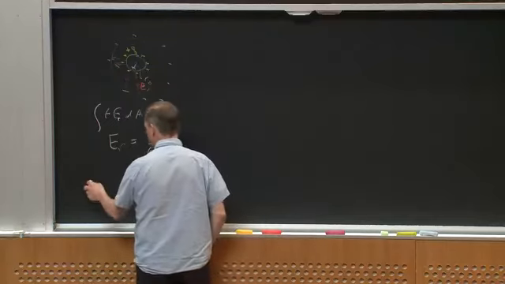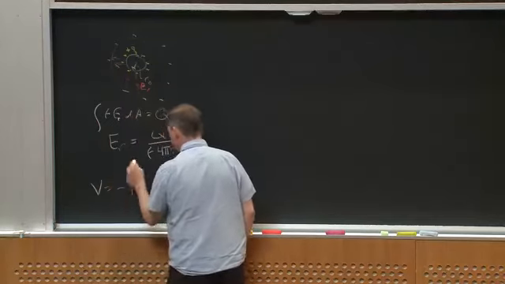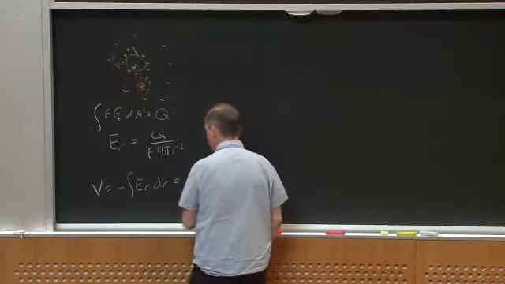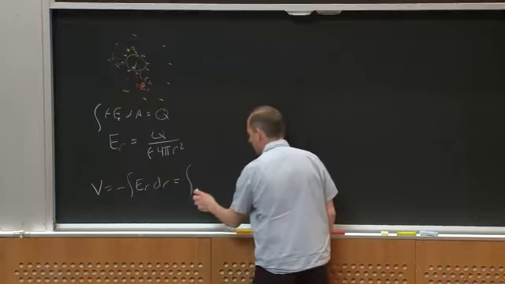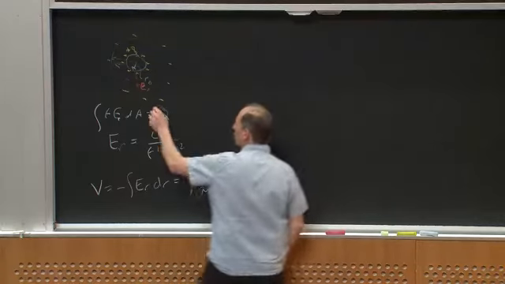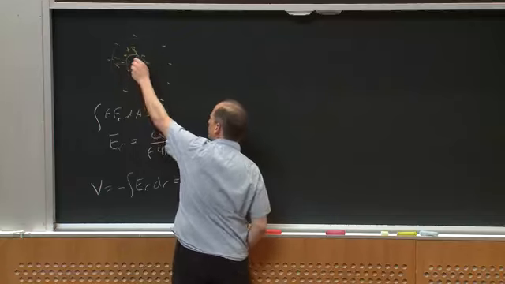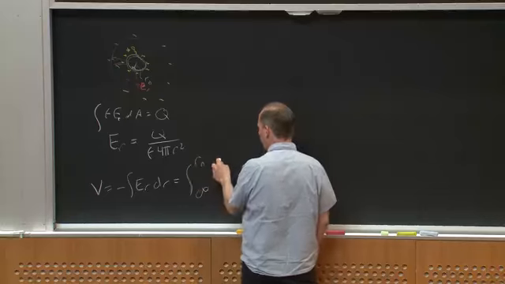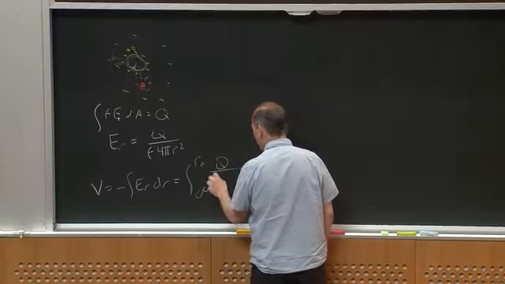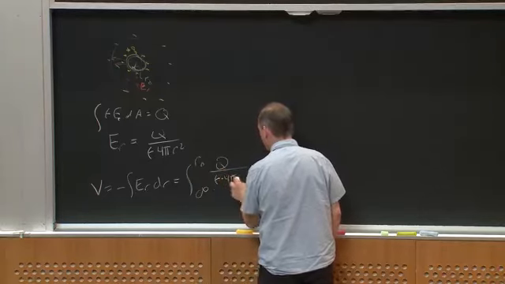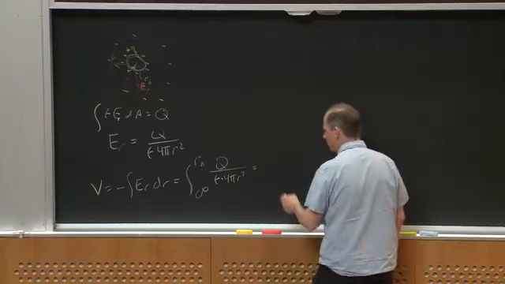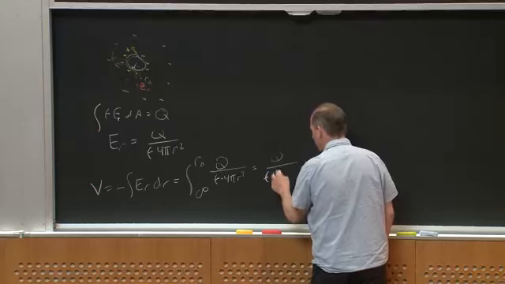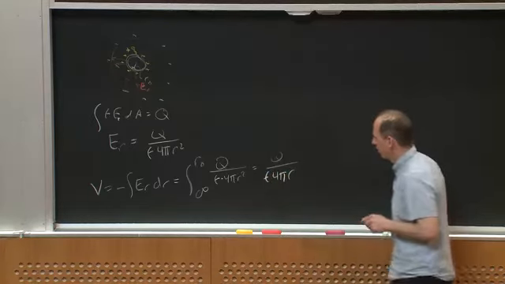Well, the voltage is going to be equal to minus the integral of E sub r dr, or I could write that just to be easy as infinity to r naught, the integral from infinity out to the surface of my little piece of metal that's got charge on it, of Q over epsilon times 4 pi r squared, which is just going to be equal to Q divided by epsilon over 4 pi r, right?